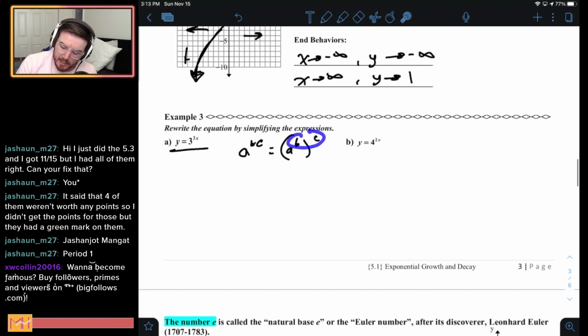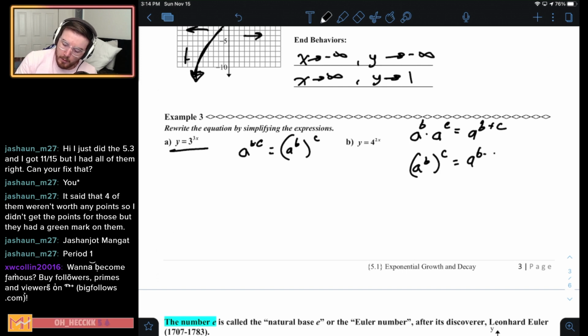We merge these together by multiplying. We've seen this property once before. I showed you two properties in the past. If I have a to the b times a to the c, we can simply add the exponents. But if I have a to the b to the c, then we're multiplying the exponents.